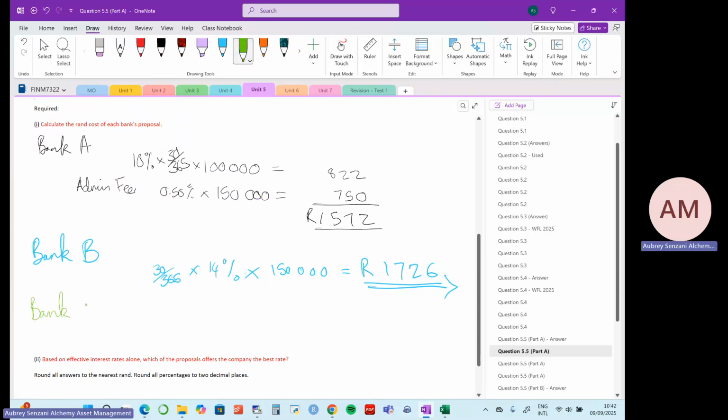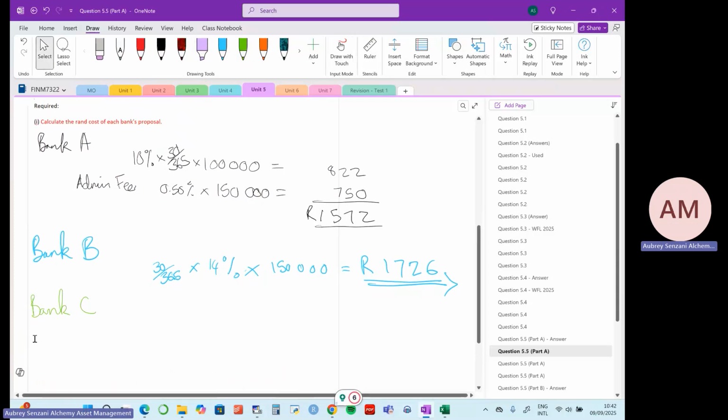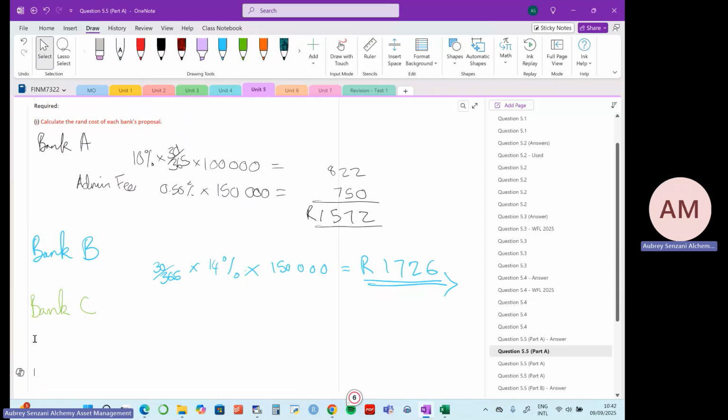Then we have Bank C. And we'll finish off with this before we take our break. With Bank C, what's happening there? It says it is offering a warehouse receipt of 150,000 on the carrying value of the finished goods inventories.